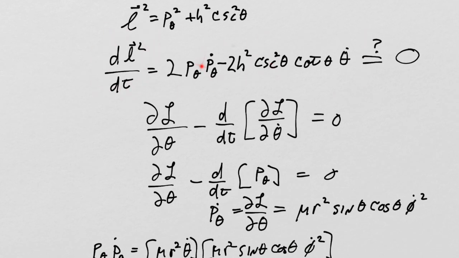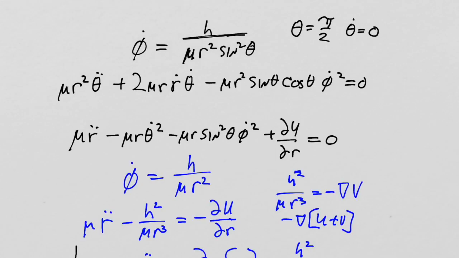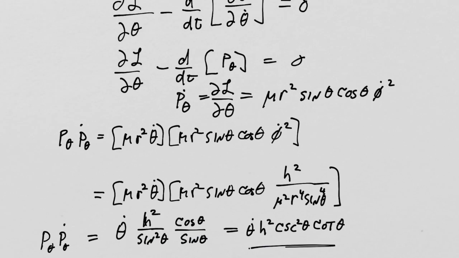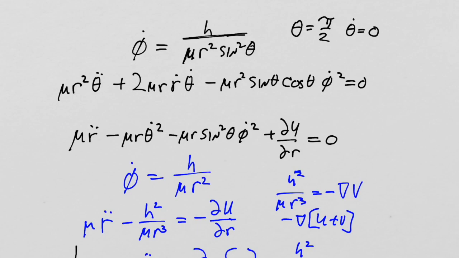And, barring my screwed-up derivative, we were able to show that the angular momentum with respect to time is in fact 0, and that is a consequence of Lagrange's equations of motion. And once we showed that, we chose arbitrarily this particular plane of motion, where theta is pi over 2, and theta dot is 0 by this discovery that the angular momentum doesn't change, or that the plane of motion stays the same.